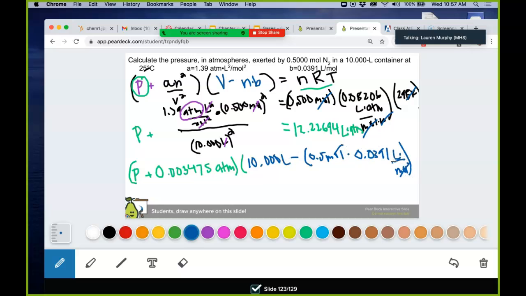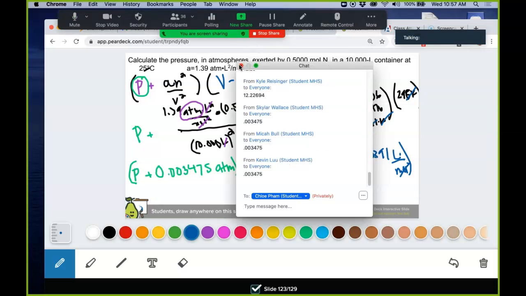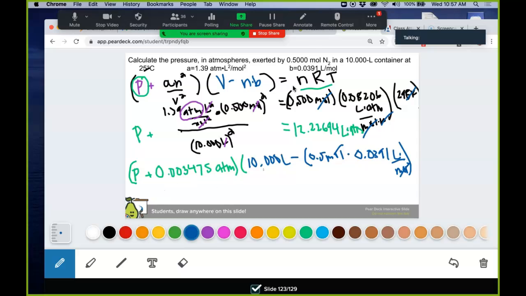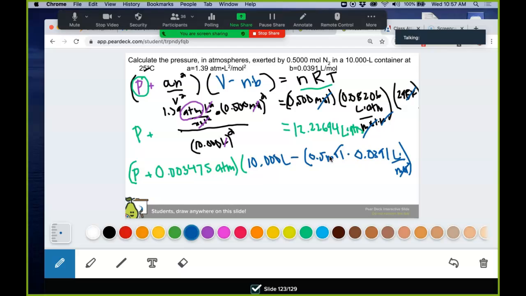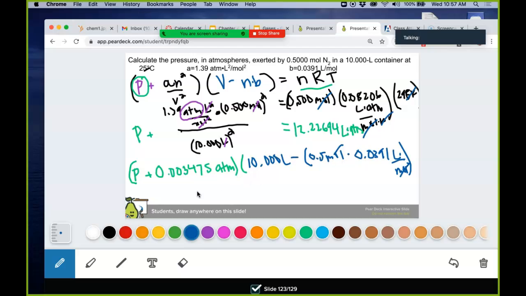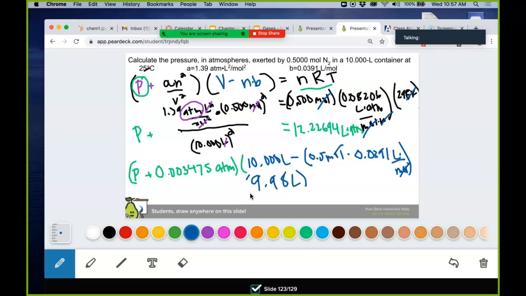Because liters minus liters is going to make sense. So 10 minus this number is, I think it's 9.98, if anybody has it. Okay, so 9.98 liters. That's this term right here.